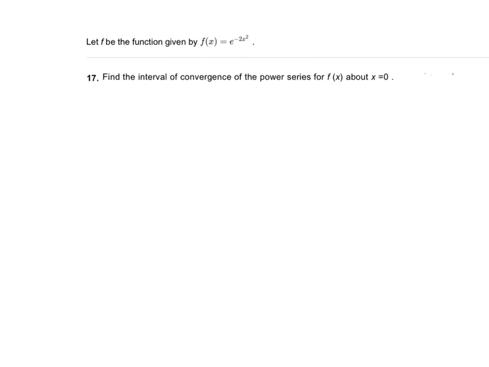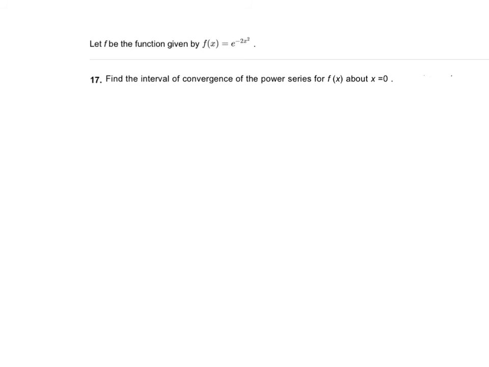Okay, this is a free response. All right, so we basically did this one, but we had negative x squared, I think. So I'll just rewrite it, since this one came up a lot.